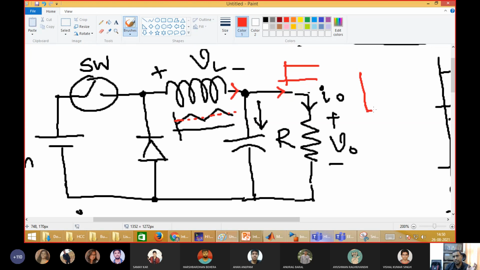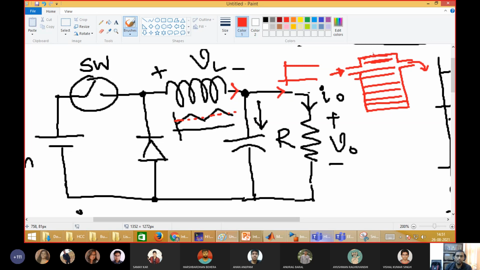Whatever water is coming is flowing out. There is no further space, so whatever comes will go out. Similarly here, only the ripple component will flow. That ripple component of current will give rise to a small ripple in the capacitor voltage, and the DC component will pass through this output resistance.